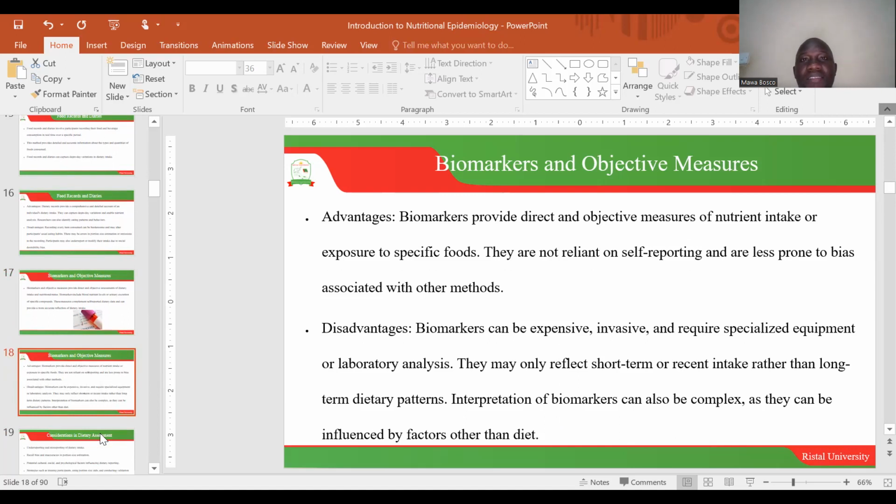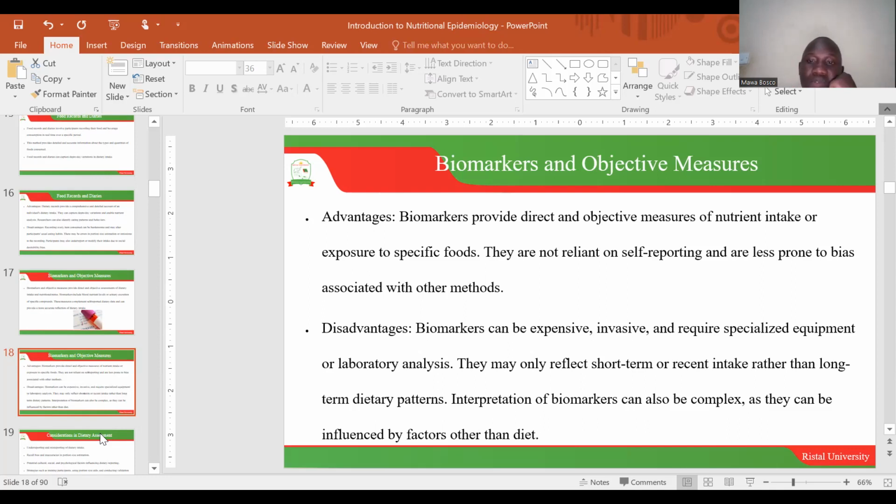The challenge is that you don't want to be pricking people every now and then: prick me and get my blood sample. That is invasive and also expensive. You need a laboratory technician, and you need a working lab. So that is something difficult and cumbersome to do at the operation level.